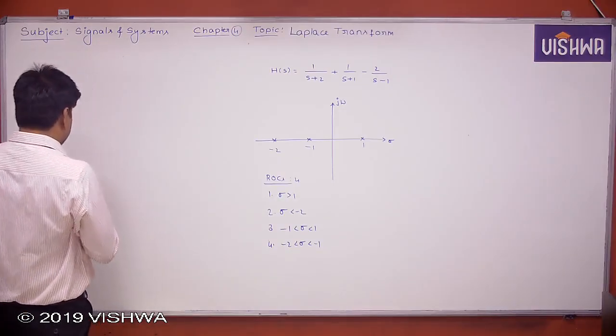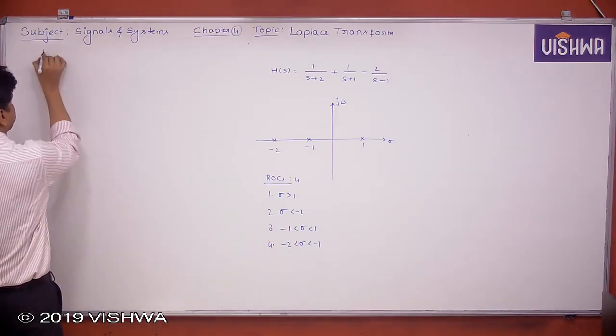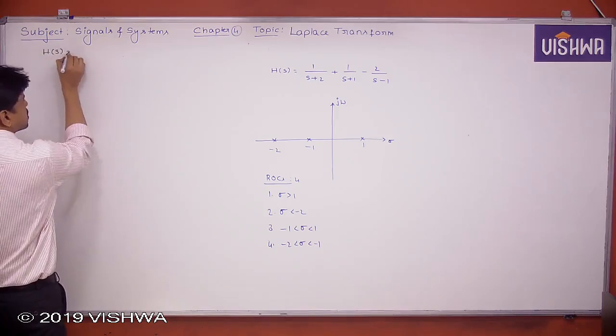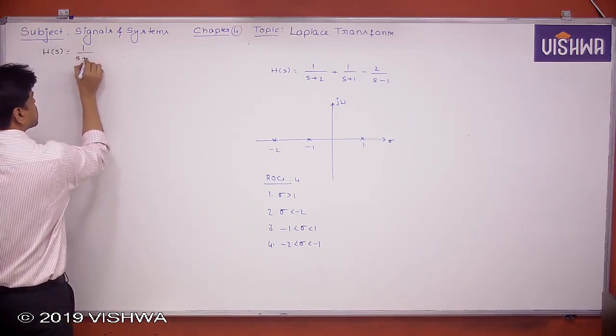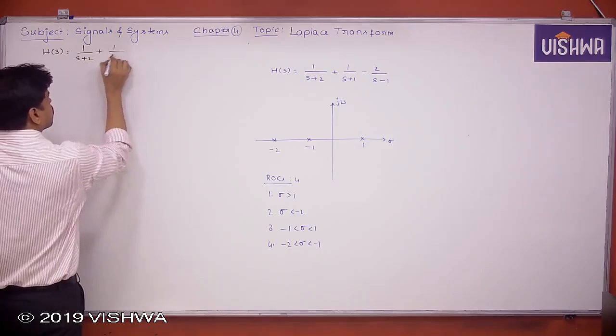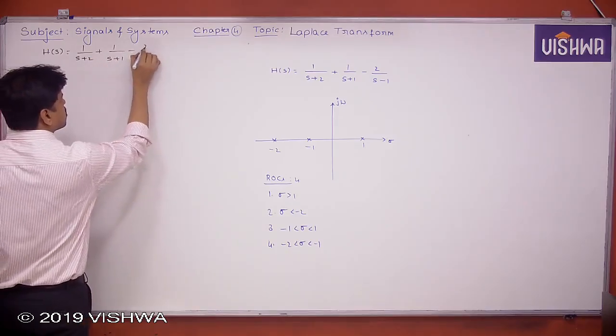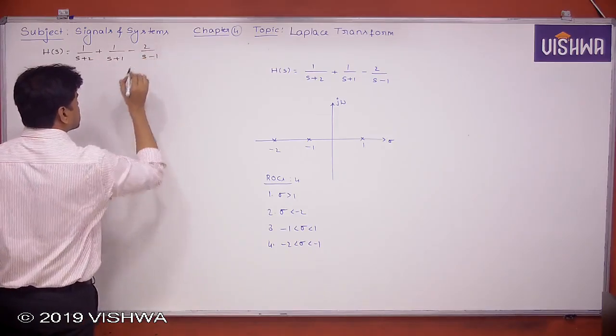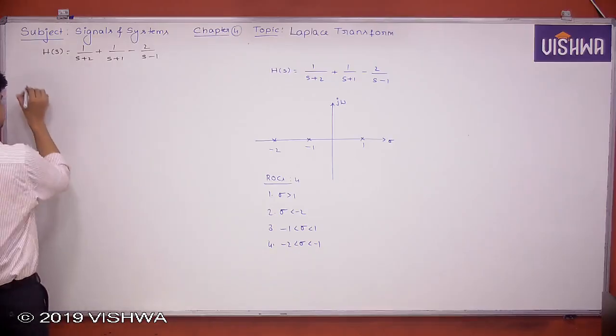So finally we got H of s equals 1 by (s + 2) plus 1 by (s + 1) minus 2 by (s - 1). Let's see.